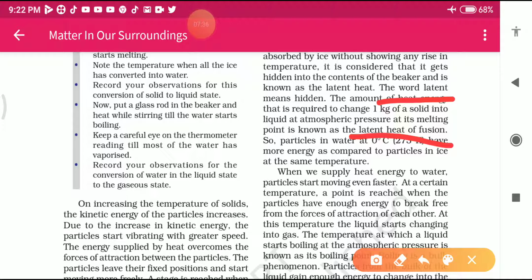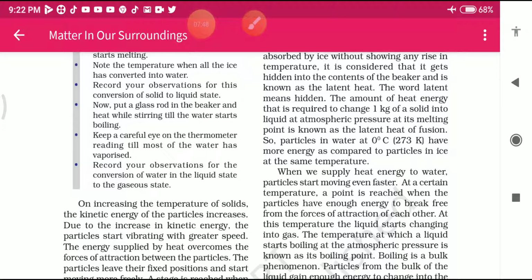Now students, I told you that the melting point of water in degrees Celsius is 0. But if I ask you what is the melting point of water in Kelvin, you can see that it is 273 Kelvin.